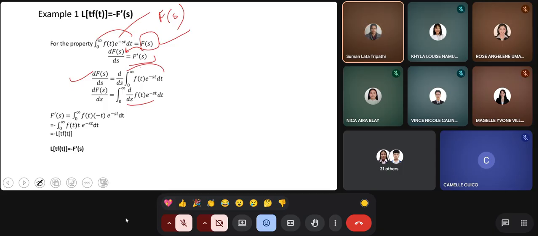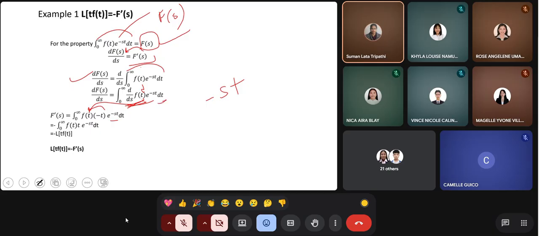Because it is with respect to s, the factor of s is minus t. So the minus t term will come out into e to the power minus st dt. f(t) is kept as it is because there is no s inside it.